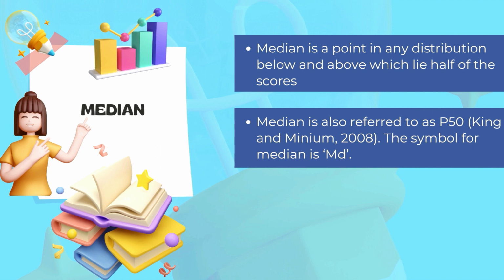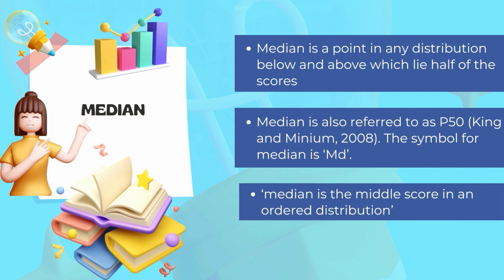The symbol of the median is MD, and the median is the middle score in an ordered distribution. If you have data and you arrange it in either ascending or descending order, whatever data comes in the very center, the 50 percentile position, would be considered the median score.